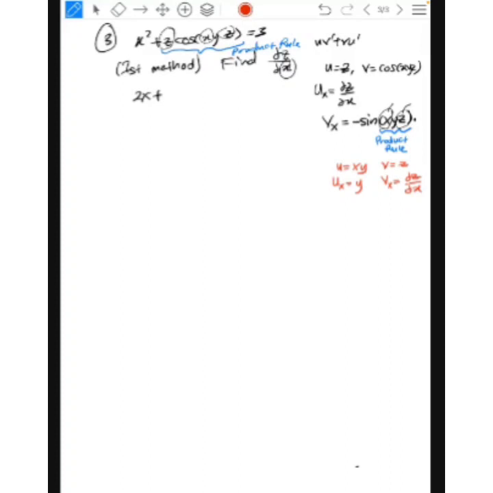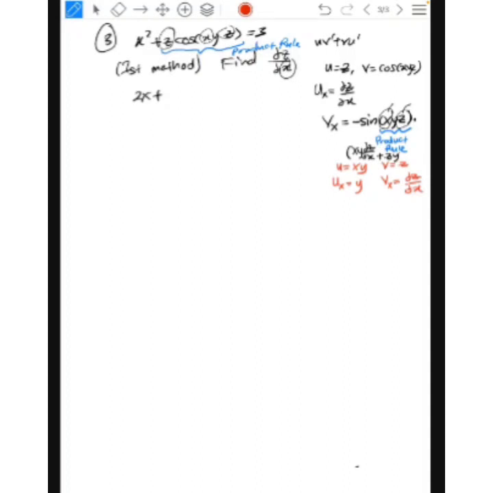Okay, so what's the answer for this product rule? The vx will be negative sin xyz times, it seems there's not enough space. Okay, u v prime is xy del z del x, plus v u prime, plus zy.